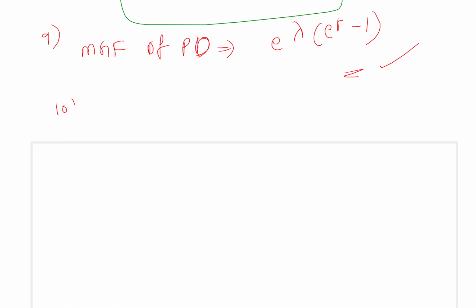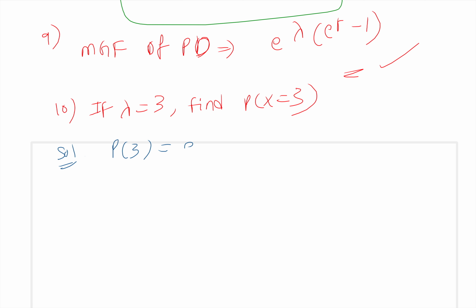And the same method applies to most problems. If lambda is equal to 3, find the probability of x is equal to 3. That is P of 3 is equal to e to the power of minus 3 into 3 power 3 by 3 factorial, that is 3 power 3 is 27, and 3 factorial is 6.